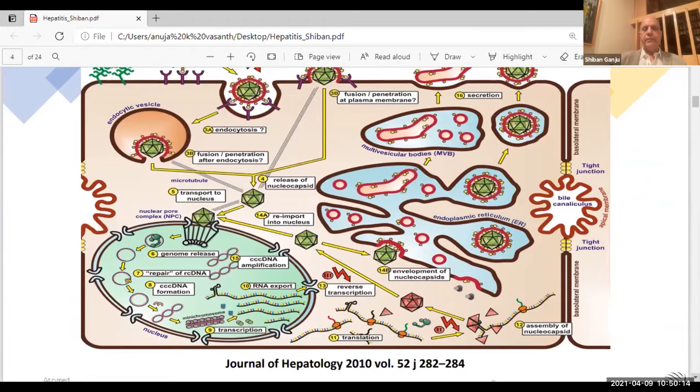This shows a diagram how the virus enters the liver cell. The big rectangle is the liver cell. As you already know, viruses enter the cells by multiple processes. Here we've shown a process called endocytosis.